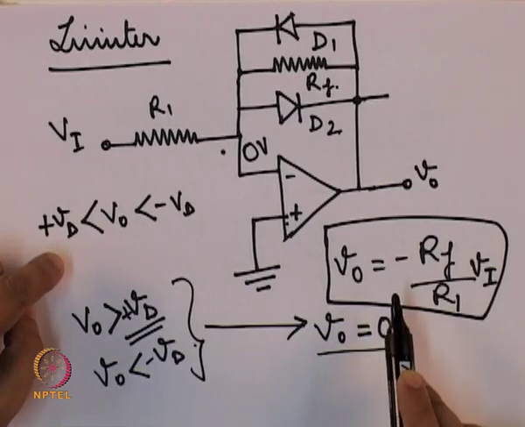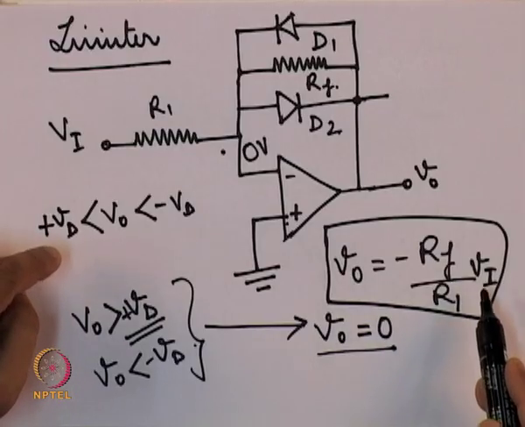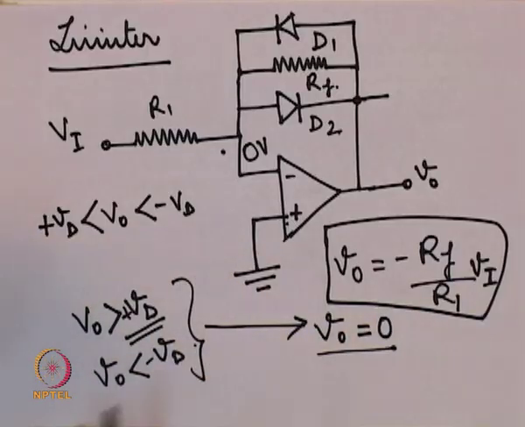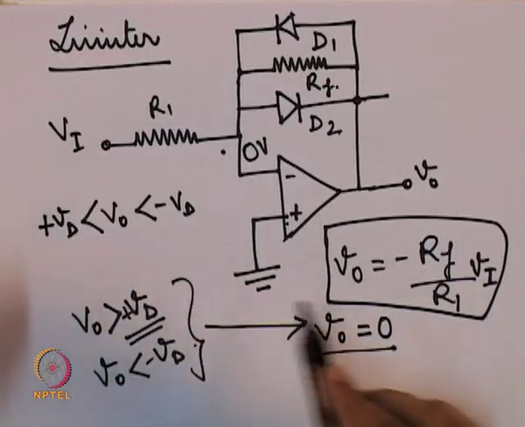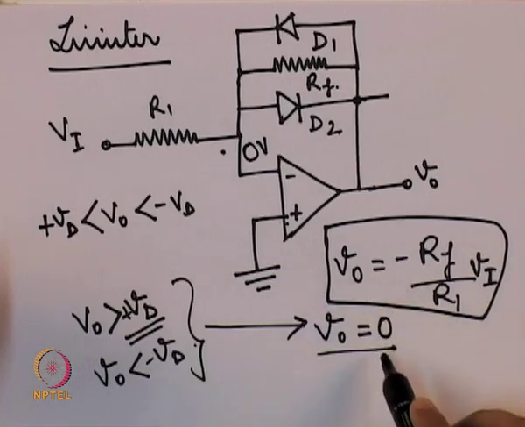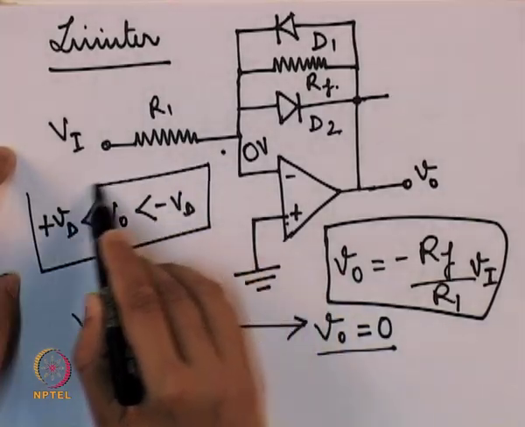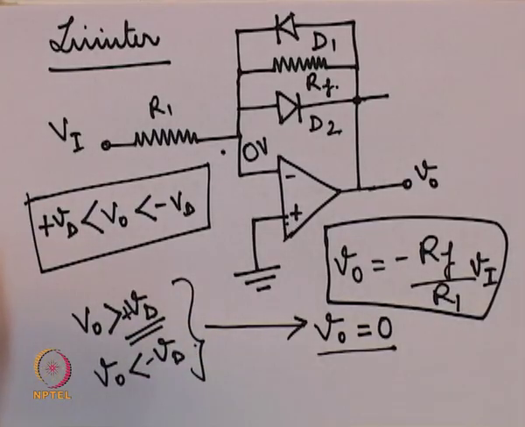When Vi becomes so high or so low that Vo exceeds or decreases beyond this limit, then Vo will automatically go to 0. So, this is the range where Vo can exist, hence this is a limiter circuit also. So, that was about the limiter.